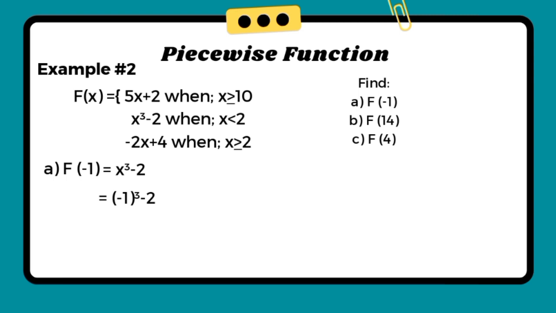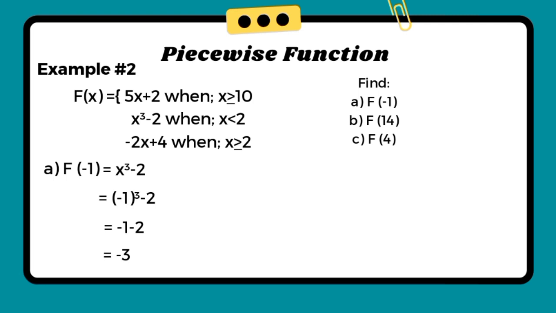We cube negative 1, and the answer is negative 1 minus 2. The answer to negative 1 minus 2 is negative 3. So that is letter A.